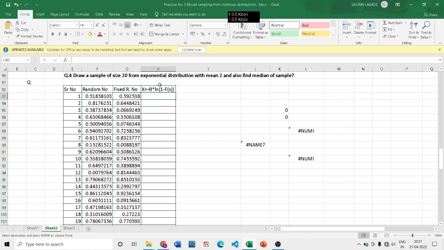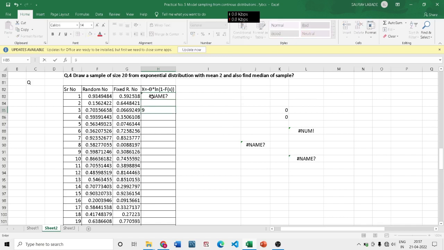So this is how you fix all the random numbers. Now here again, just use the same formula. Here the value of theta is 2, right? It is equal to minus 2 star ln of 1 minus this f of x.